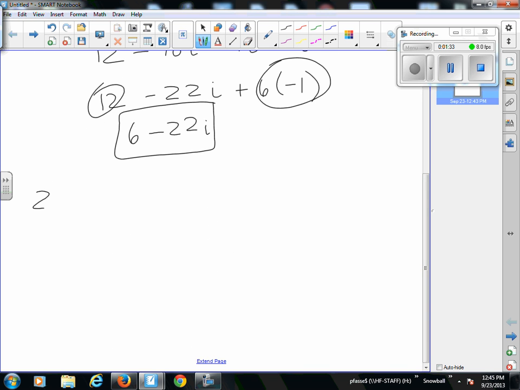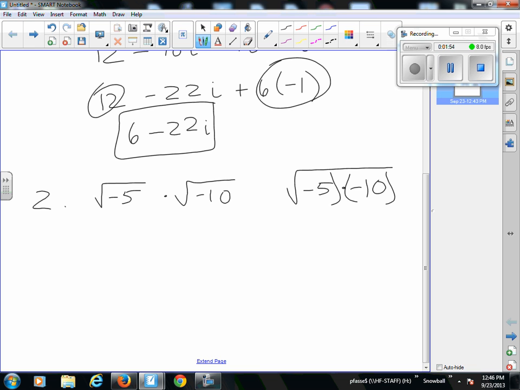For number 2, we have root negative 5 times root negative 10. If you do not do this in the correct order, you will not get the correct solution. If you think of root negative 5 times root negative 10 as the same as root 5 times root 10, which gives us root 50, it will not work correctly.